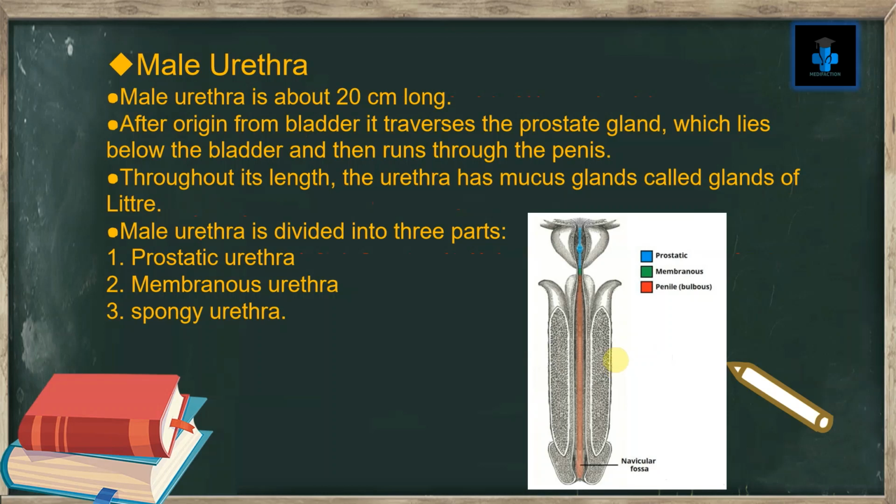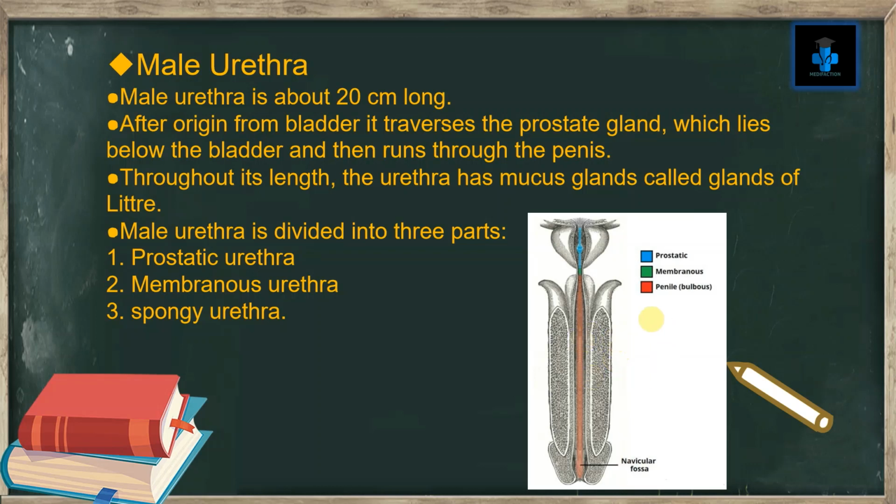Male urethra. Male urethra is about 20 cm long. After origin from the bladder, it traverses the prostate gland, which lies below the bladder, and then runs through the penis. Throughout its length, the urethra has mucous glands called glands of Littre. Male urethra is divided into three parts.